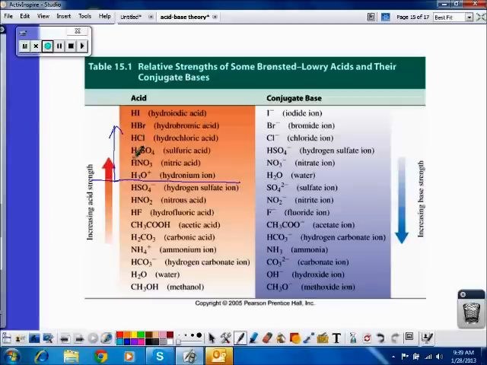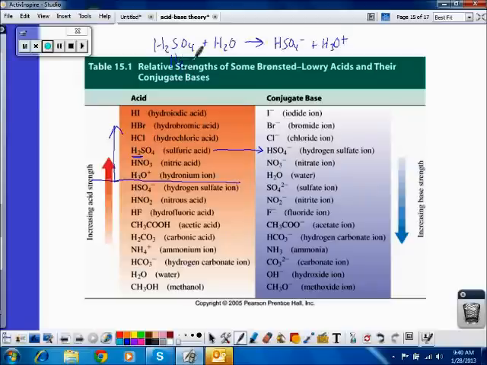So since sulfuric acid has 2 hydrogens, the first hydrogen comes off completely and gives me HSO4 minus. So when I'm looking at this reaction, this is left to right. I get HSO4 minus plus H3O plus. That's one step. The second hydrogen is going to come off in the second step.